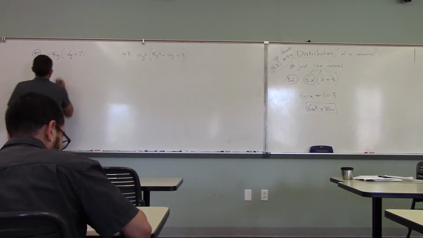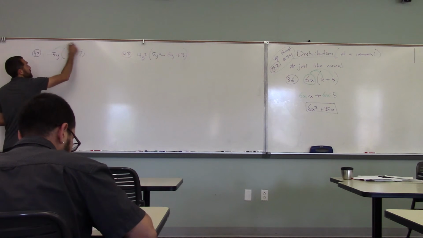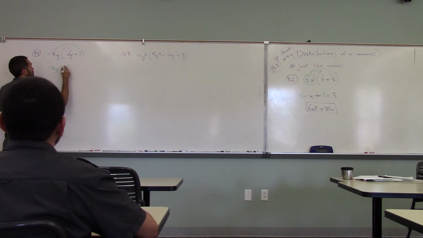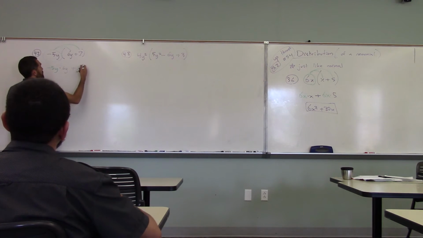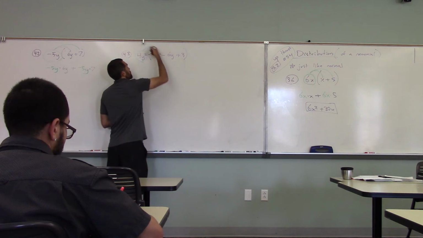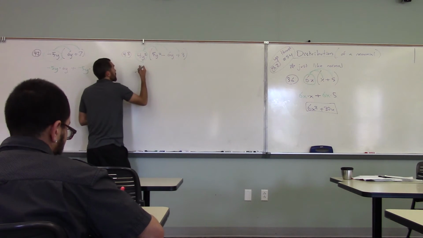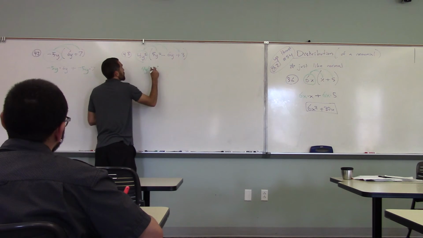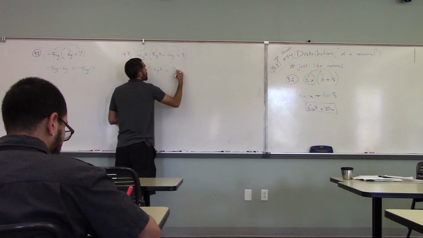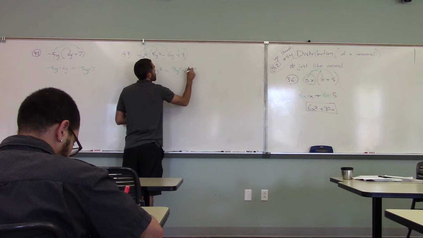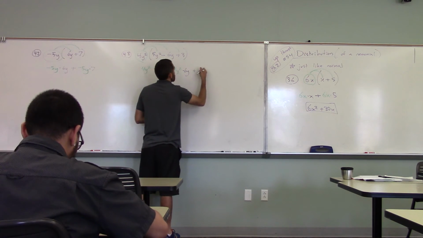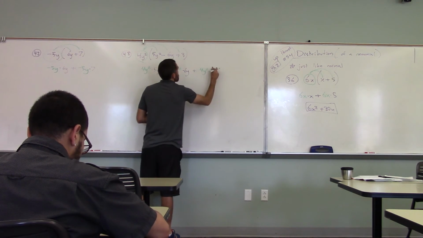All right. So I'm just going to write it first, not write the answer. Negative 5y times 6y plus negative 5y times 7. This one I distribute into all 3. So I get 4y squared times 5y squared minus 4y squared times 6y plus 4y squared times 3.